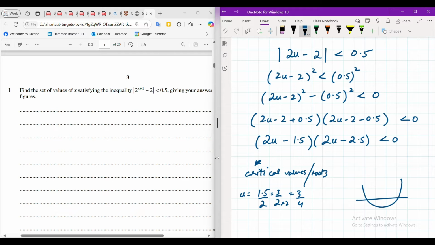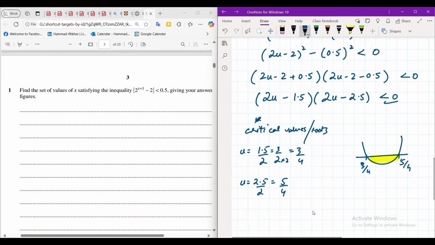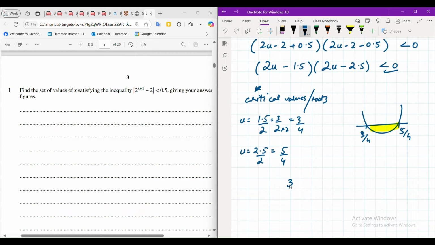The other one is 5 over 4 if we do the same thing: 2.5 divided by 2 would be 5 over 4. So 3 over 4, 5 over 4. Since we want less than 0, that would be the part in between them. So in between 3 over 4 and 5 over 4.